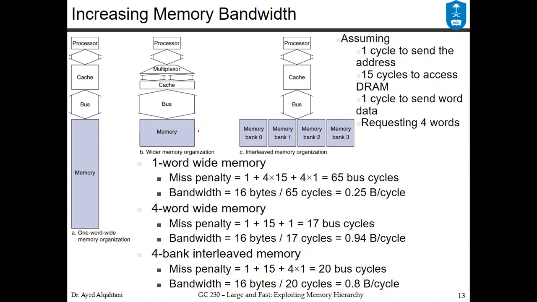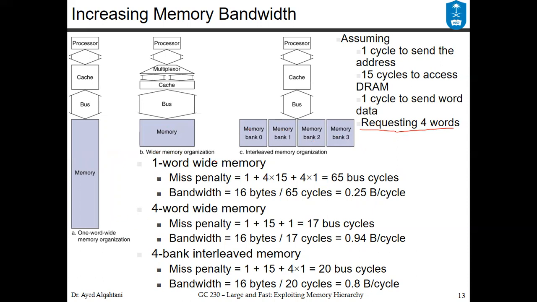To understand these, we are assuming that we need one cycle to send the address, 15 cycles to access the DRAM, and one cycle to send the word data. And the job for each one of them is requesting four words, and we will see the difference for each memory.